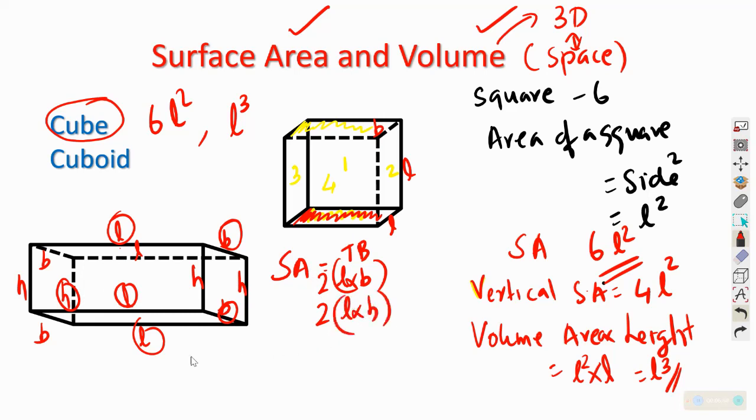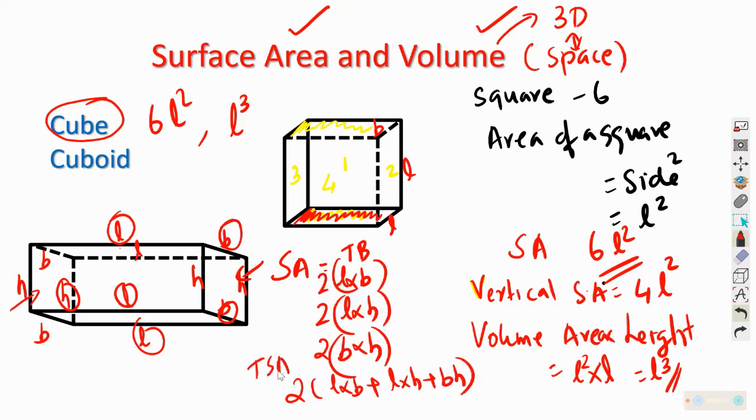You have studied about this. Then my left and right sides, where you will be writing 2 times B into H. So when we add all these, that means 2 into length into breadth plus length into height plus breadth into height will give you the total surface area of this particular cuboid.